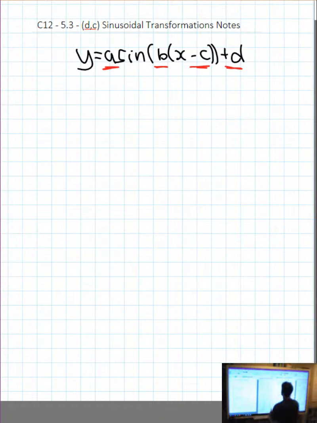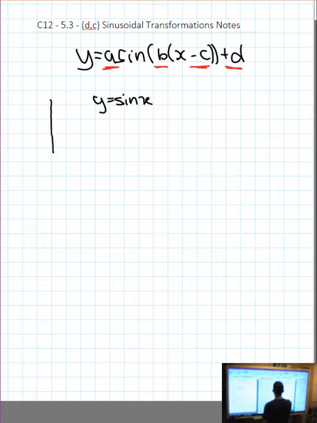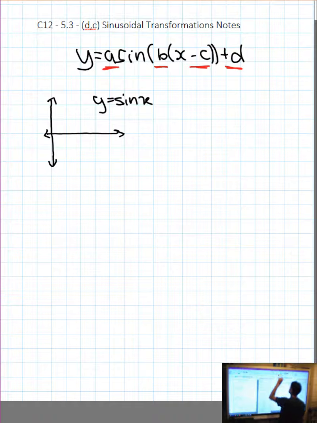So let's start by graphing y equals sine x. Let's do 4 vertical lines and 4 horizontal lines, a little bit farther. And from what we memorized, first of all, marking pi and 2 pi.